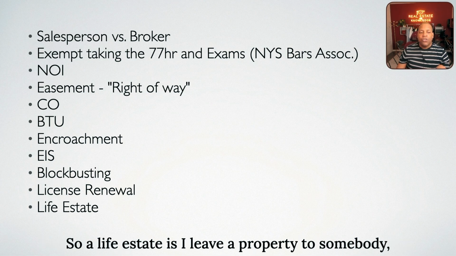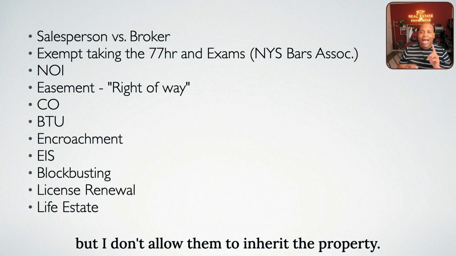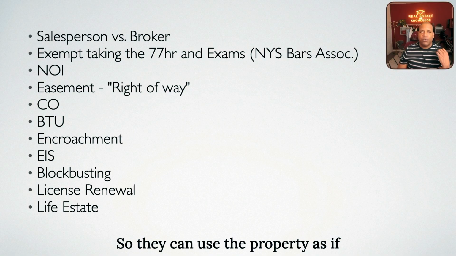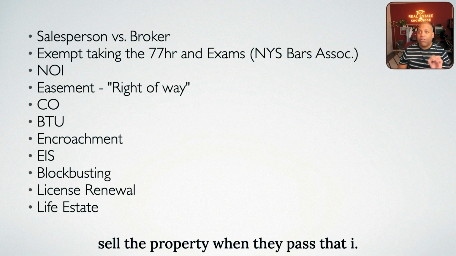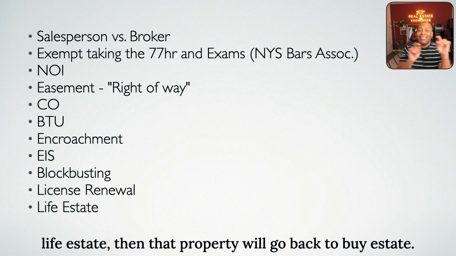Life estate. A life estate is when I leave a property to somebody, but I don't allow them to inherit the property. They can use the property as if it's their own, but they can't sell it. When they pass, that property goes back to my estate.